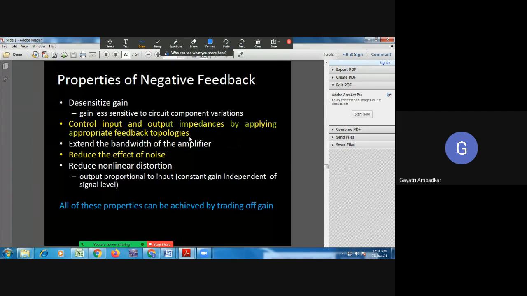इनपुट इम्पेडन्स आणि आउटपुट इम्पेडन्स तुम्हाला हायर पाहिजे लोअर पाहिजे हे तुम्ही पर्टिक्युलर टोपोलॉजी सिलेक्ट करून सिलेक्ट करू शकता. Bandwidth of amplifier increases, noise effect reduces, and reduces non-linear distortion. What is non-linear distortion?